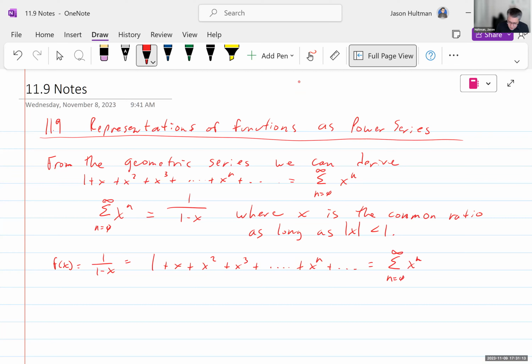That's a function of x. We can represent that as a power series for small x. Absolute value of x has to be, basically, x has to be a fraction or decimal that's less than 1, positive or negative.